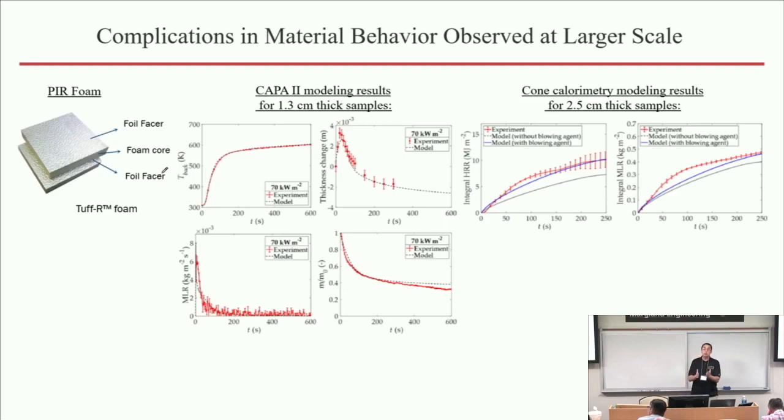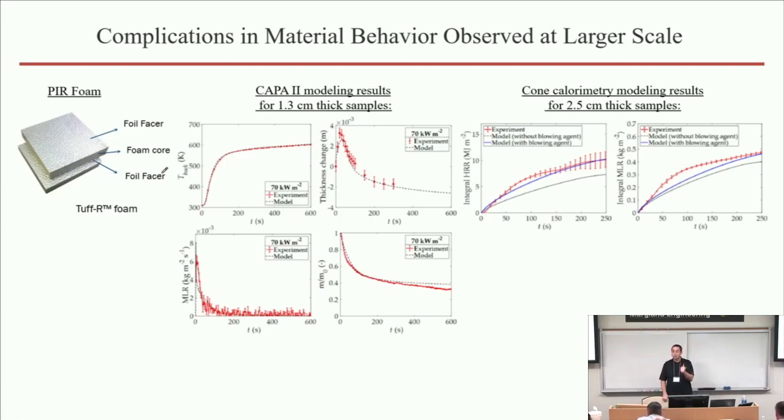So we tried to understand why that is the case, and it turns out that it has to do with the blowing agent that they use in the foam. And that's counterintuitive because the blowing agent is a gas, right? So it's 1,000 times less dense than the solid. How much blowing agent can you actually have in a foam like that? Well, there are two issues here.